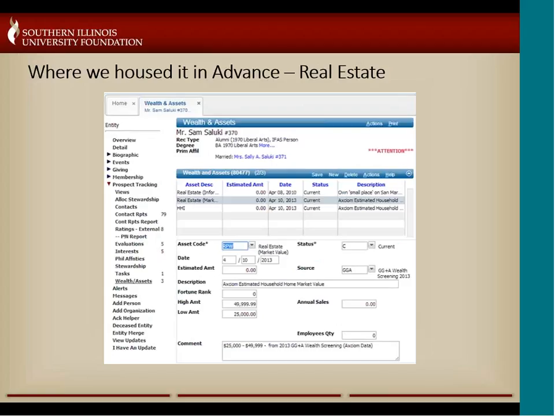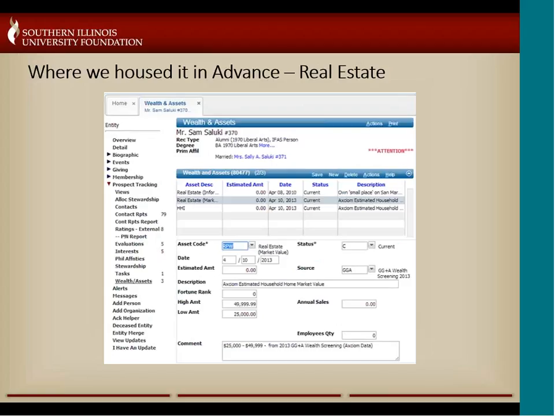We also put some information in wealth and assets. We got the Axiom estimated home value, and so you can see Sam and Sally were rated at $250,000 to $999,999 in terms of their giving capacity, but it looks like they've only been credited with a $25,000 to $49,999 home.